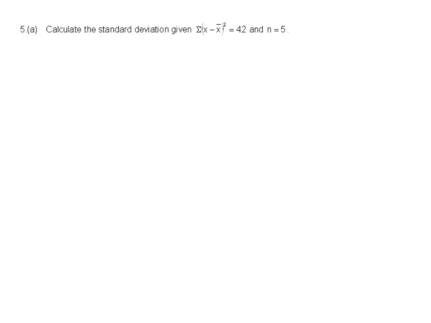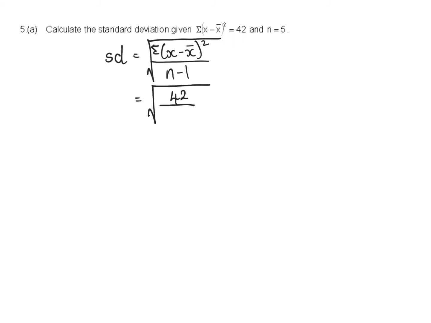Okay, this question here, some of the work has already been done for us, so I'm going to start by writing down my standard deviation formula. Okay, again, remember you get that on your formula sheet. Now, they've told me the bit for the top of the fraction is 42. And they've told me that there were 5 pieces of data, so for the bottom, 5 take away 1 makes 4.